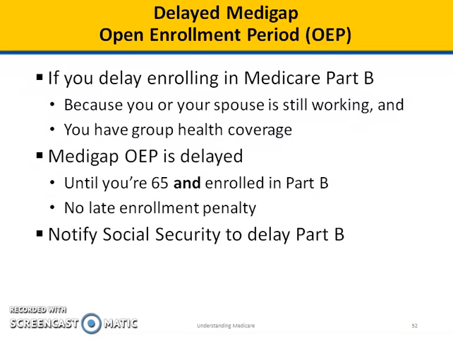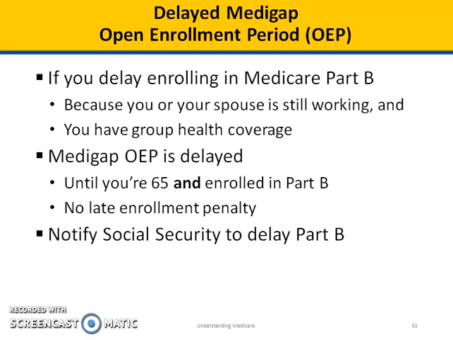If you enroll in Part B while you still have current employer coverage, your Medigap open enrollment period will start, and unless you buy a Medigap policy before you need it, you'll miss your open enrollment period entirely. If you or your spouse is still working and you have coverage through an employer, contact your employer or union benefits administrator to find out how your insurance works with Medicare.